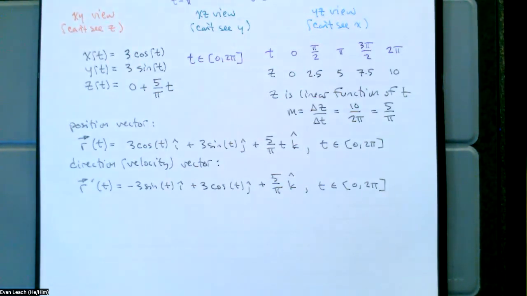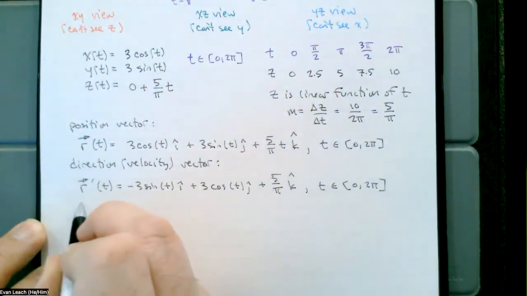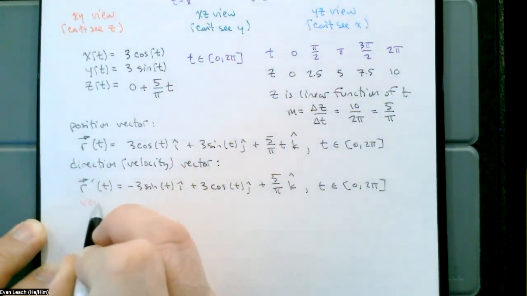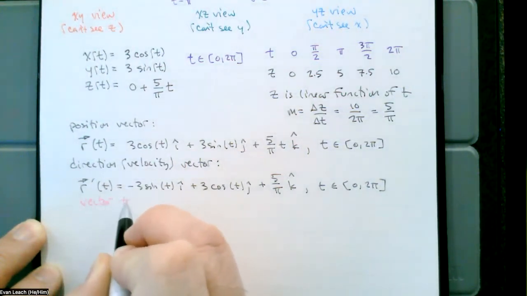So at each point along the path, this is how we're going to find the vector tangent to the path at any given point. So this direction vector, this velocity, is going to be the vector tangent to the path.